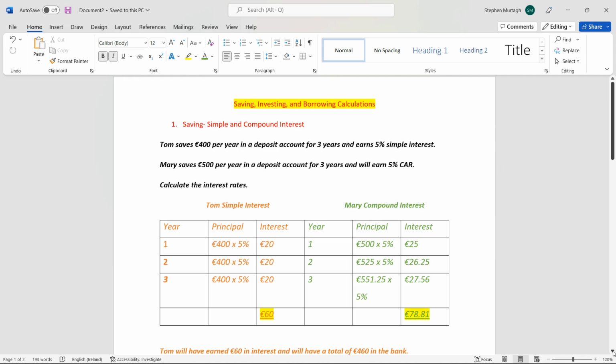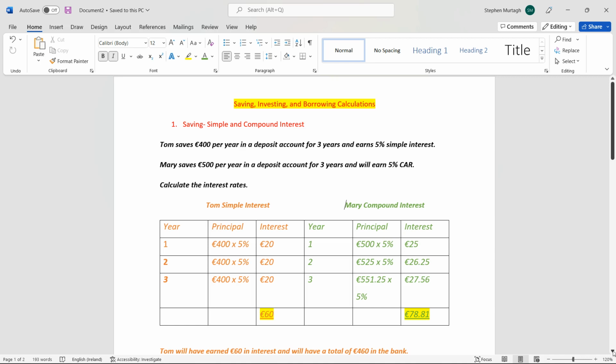So Tom here is in orange and Mary here is in green. So what you need to do for Tom first is look at the interest that Tom earns for year one. So year one, the principal is the €400 by 5%, which means per year Tom will earn €20 interest. With simple interest, it's always taken on year one.